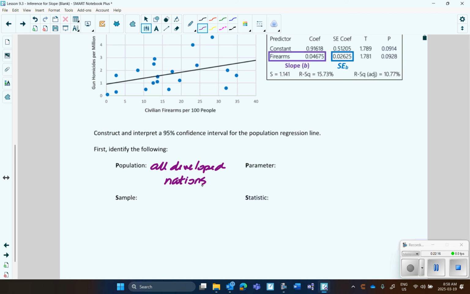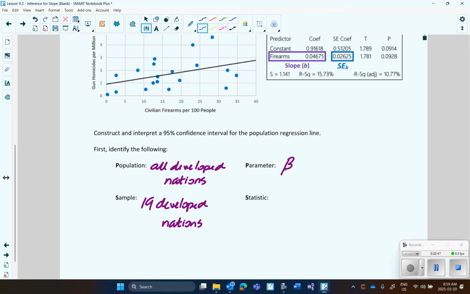And the sample that we took were 19 of them, random. Now, what we are going to focus on to make our inference is the slope. So the parameter is going to be, and you've seen this Greek letter before, beta.